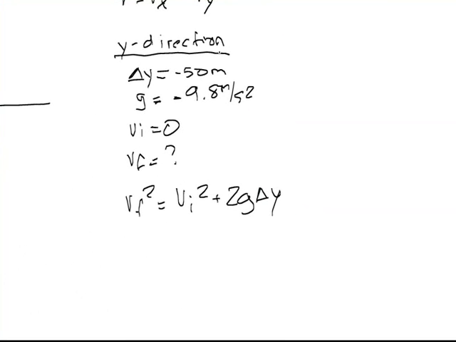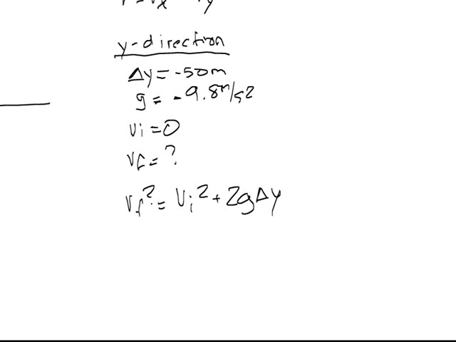So in the y direction, let's summarize. Delta y is negative 50 meters because we're falling. g is negative 9.8 meters per second squared. It starts with an initial y velocity of 0, and we're looking for the final y velocity.